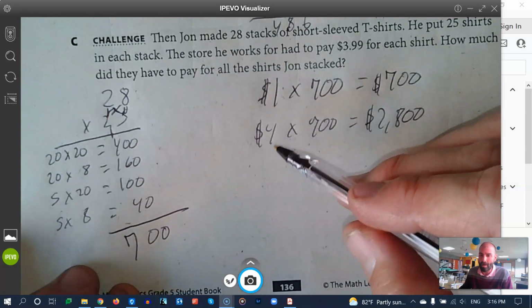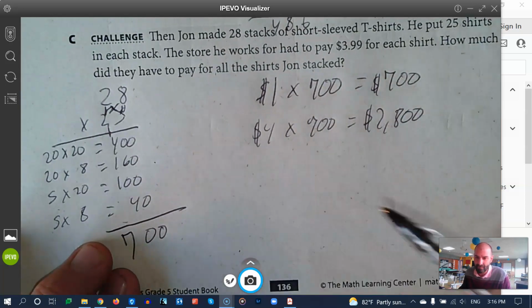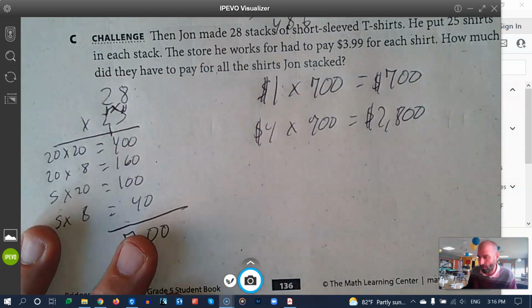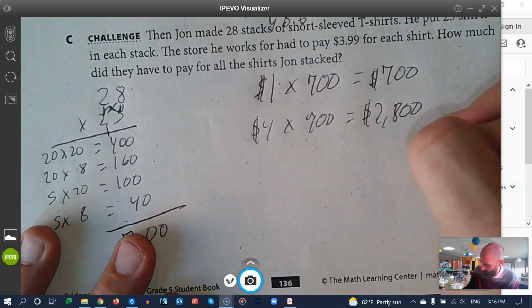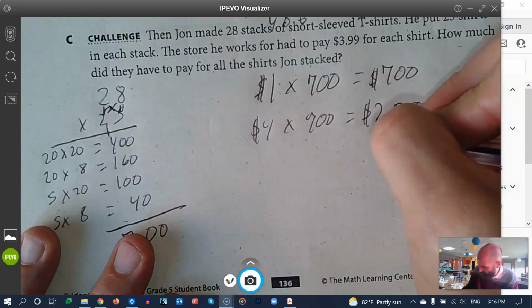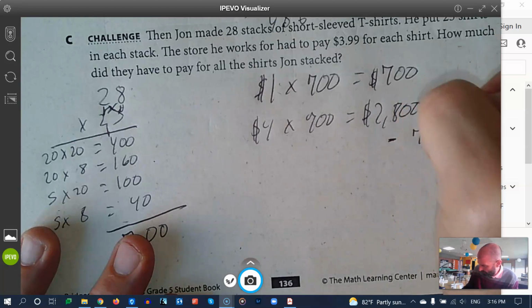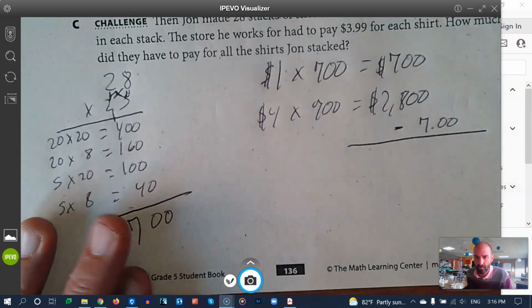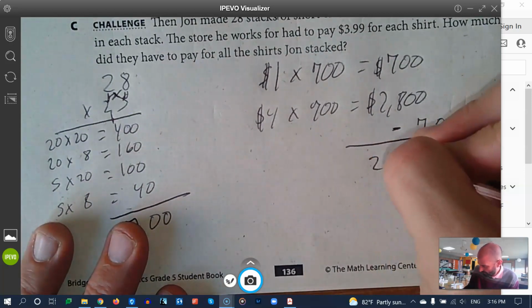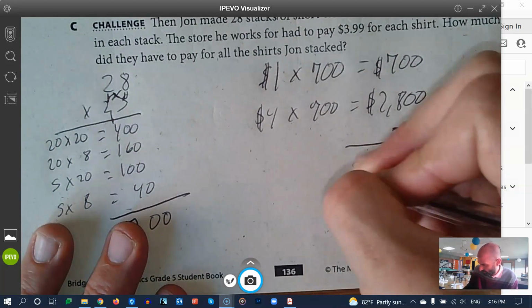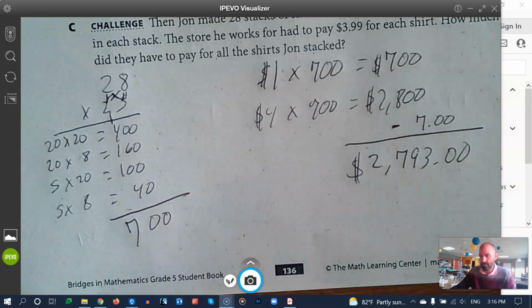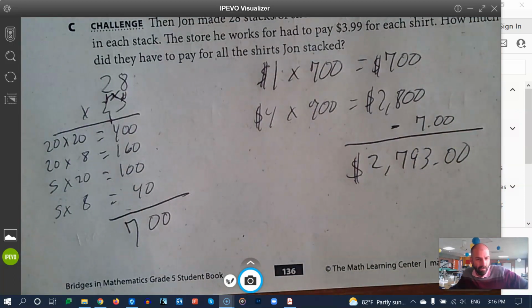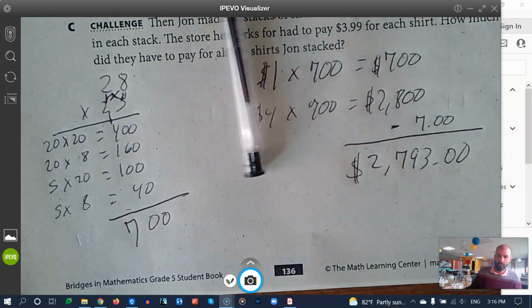If I take 1 penny away, 700 times, that's 700 cents or $7. So I'm going to remove $7. I just know that's 93. That's $2,793.00. Did I do that right? I hope I did that right. You tell me if I got that wrong. Bye.